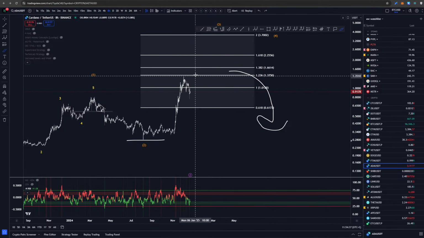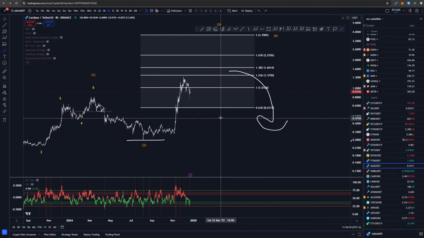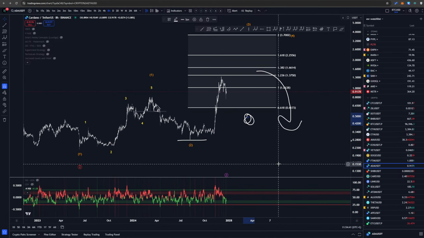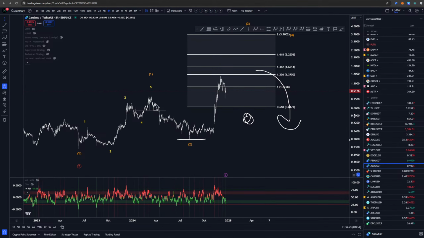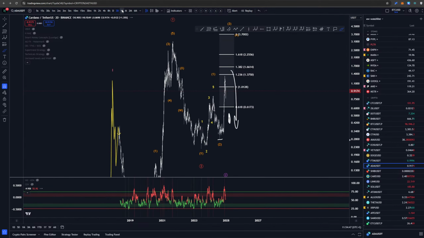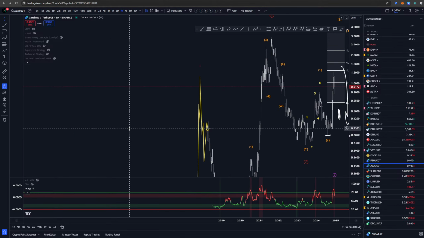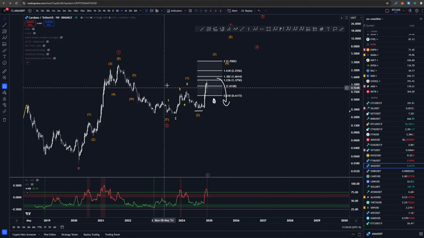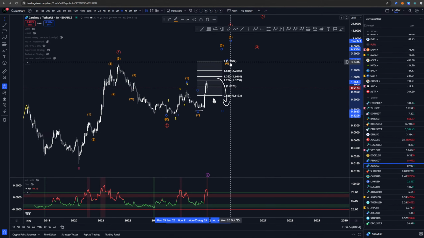I would really like that. And then it can dump back down here, and then we can scoop it up at 0.5 again. At that point we would need to start looking for this third wave here, right?